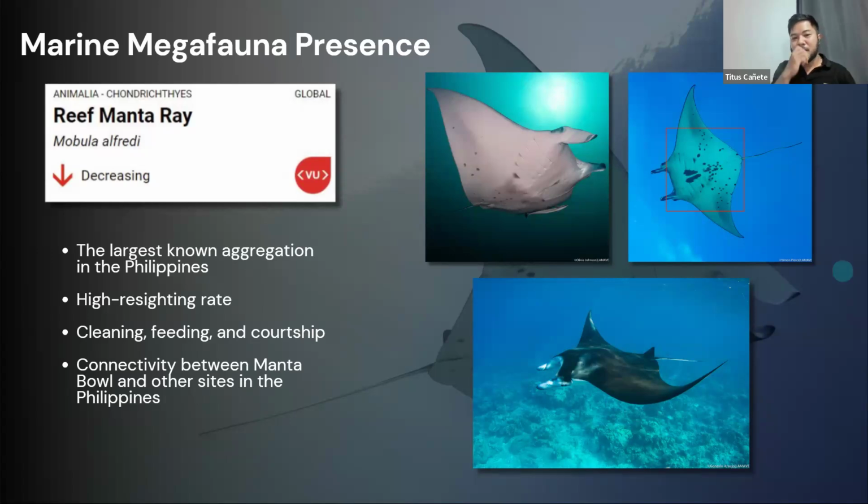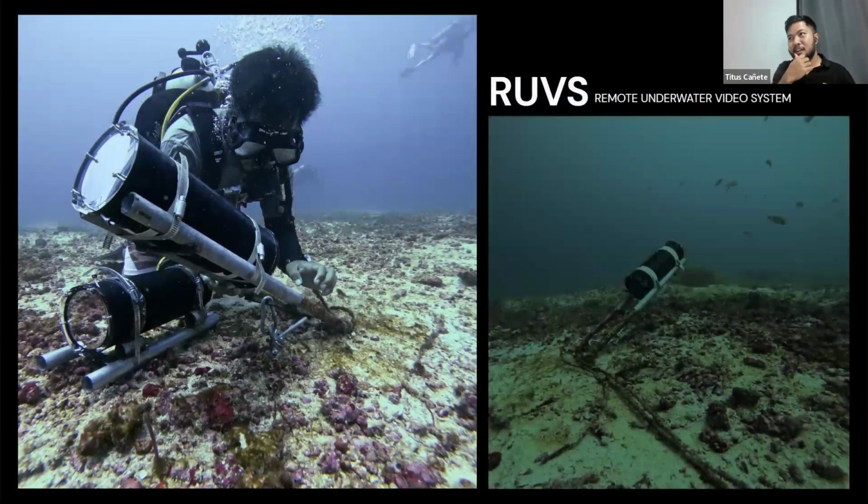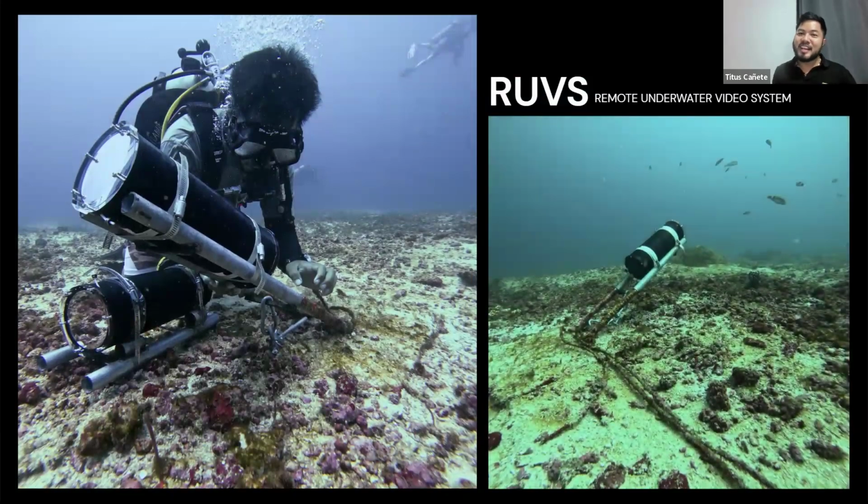How we were able to do our research is thanks to an accessible piece of tech, pretty low cost, called the RUVS. So basically, this is a GoPro or any action camera and a battery pack inside a watertight tube, which we leave on certain stations of the reef in order to observe the populations.